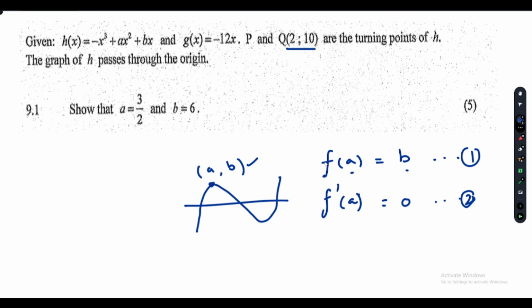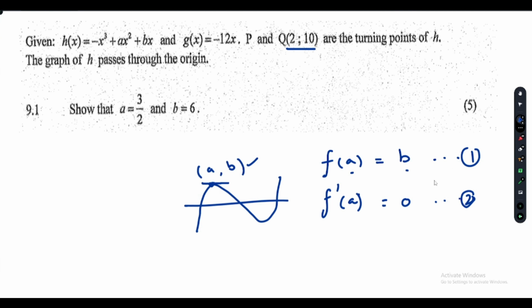So when I say f of a, it must be equal to b, which is y. But when I say f prime of a, why do I set it equal to 0? Because at this point, as you can see, the gradient at a turning point is 0. So that's how we typically get equation 1 and equation 2.